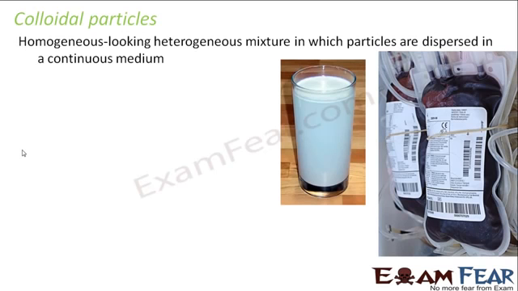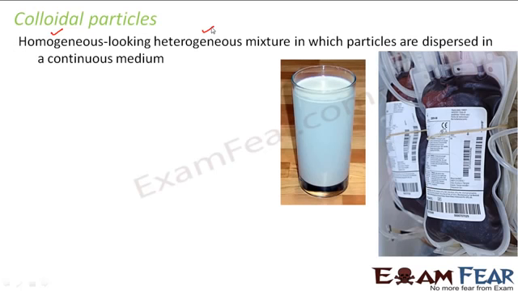So what are colloids? They are actually homogeneous looking, heterogeneous mixture. I am sure all of you know what is homogeneous and what is heterogeneous. Homogeneous is a mixture where all the components are uniform throughout. That means the liquid is uniform throughout. Whereas heterogeneous means the substances which are mixed together to form that mixture are distinctly separable.